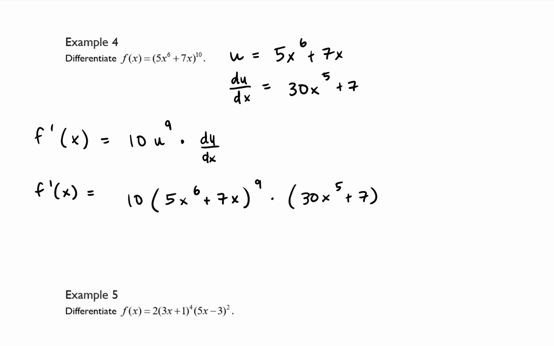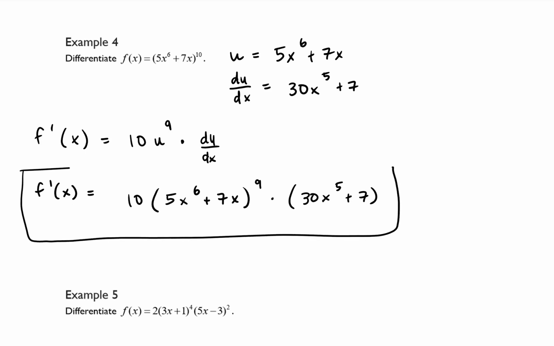Okay, and we can just leave it like that. If you want, you could distribute the 10 into these two terms, but I'm just going to leave it as is. So this is our derivative using the chain rule for this problem.